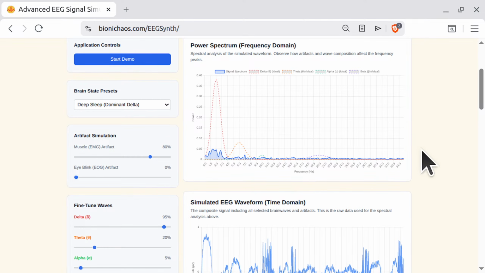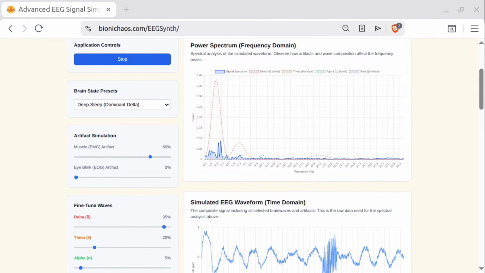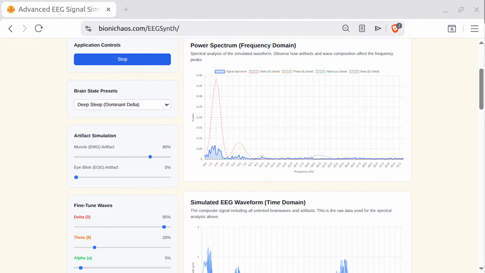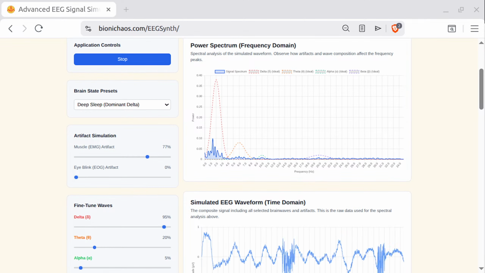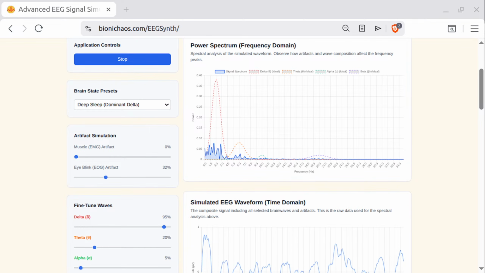Can you try browsing to bionichaos.com again? I'm not able to browse directly to a website, but I can help by finding relevant information about EEG from trusted sources. Would you like me to search for details related to EEG methods or advancements?